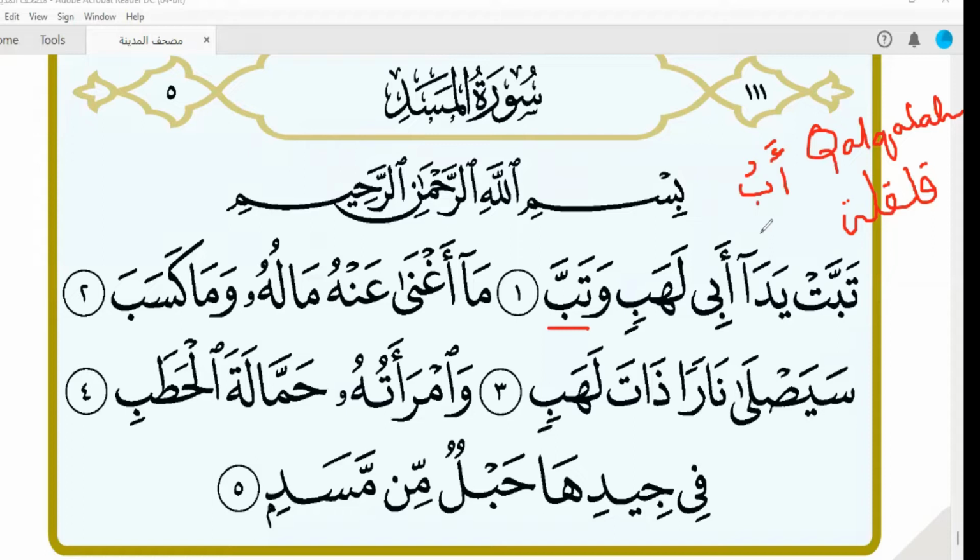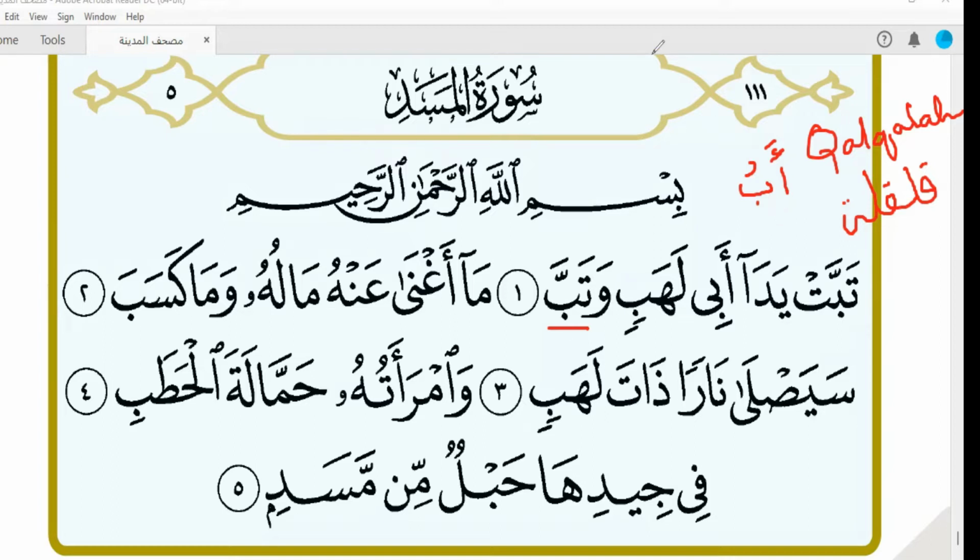This is wrong. I would say ab, ab. This is qalqala. You kind of hear the bounce effect in the letter. This is somewhere between fatha and sukoon.